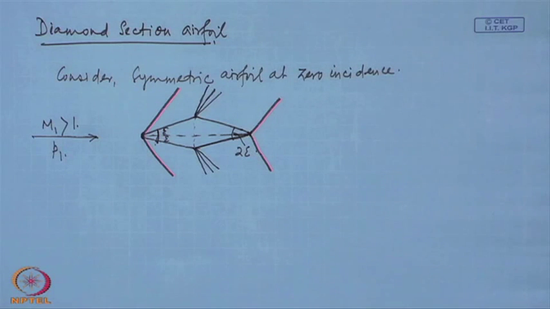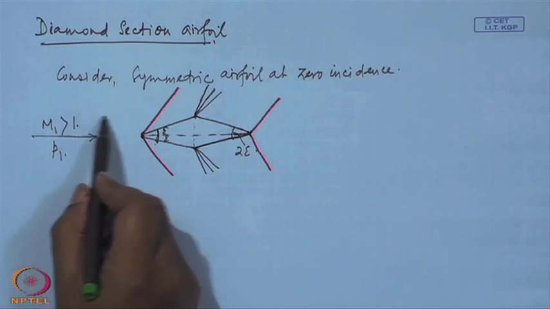Of course, you should remember that we are considering the flows where even after a decrease in Mach number through a shock, the flow still remains supersonic. That is, we are always considering only weak solutions.